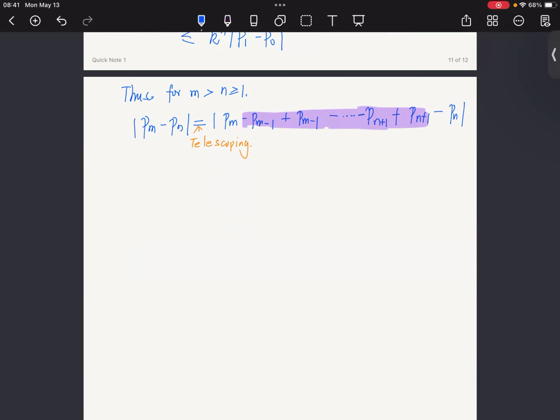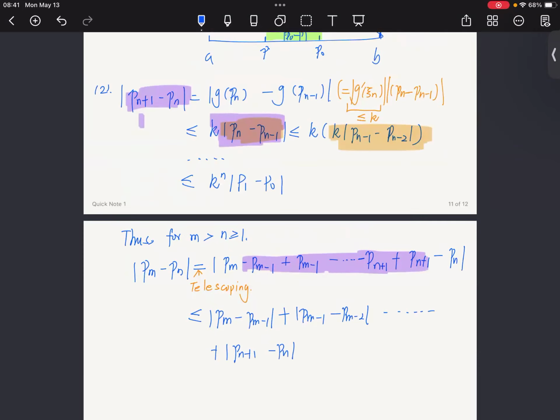But now, here we are going to have one inequality. That is P m minus P m minus 1, and then plus P m minus 1 minus P m minus 2, all the way to P n plus 1 minus P n. So now you have the differences between neighbors.